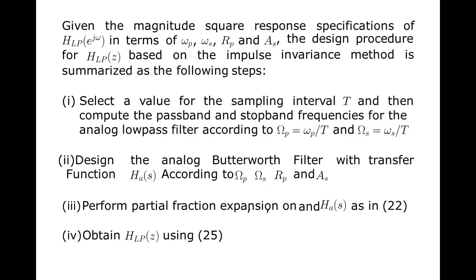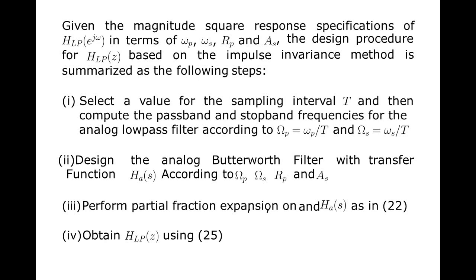So given the magnitude square response specifications of H_LP(e^(j omega)) in terms of omega_p, omega_s, R_p and A_s, the design procedure for H_LP(z) based on the impulse invariance method is summarized as follows. First, select a value of sampling interval capital T. You should know capital T. If it is not known to you, assume it equal to 1 second.